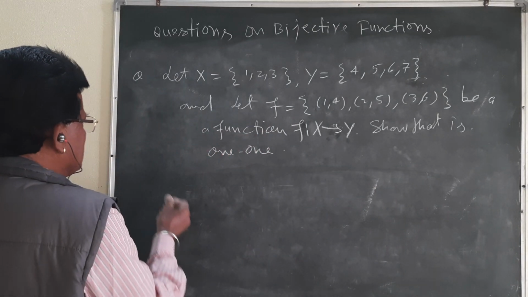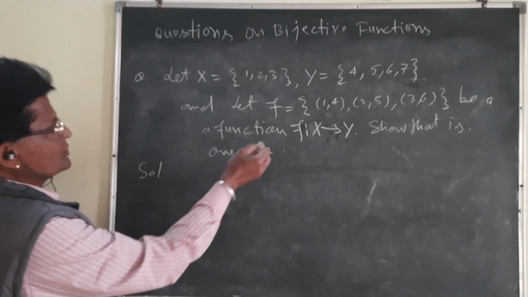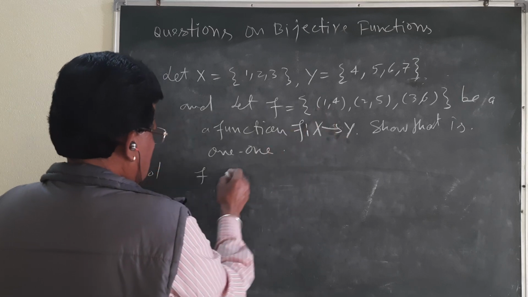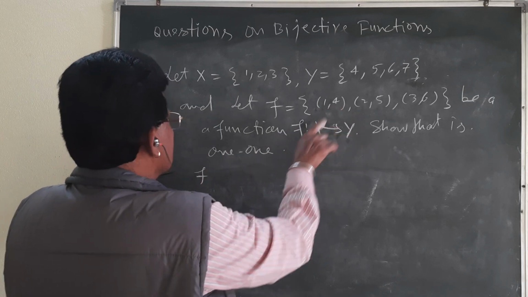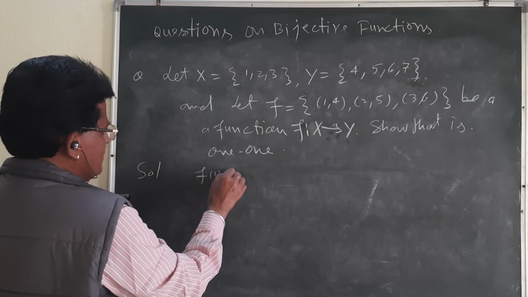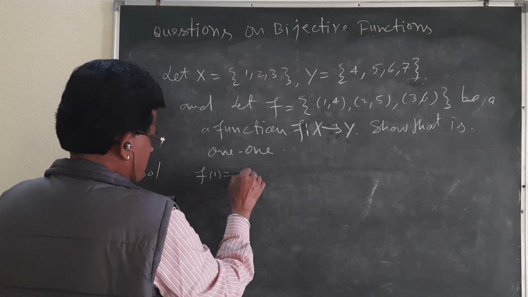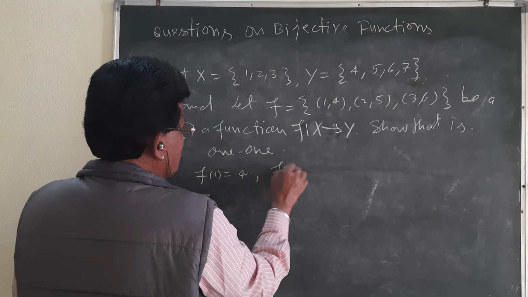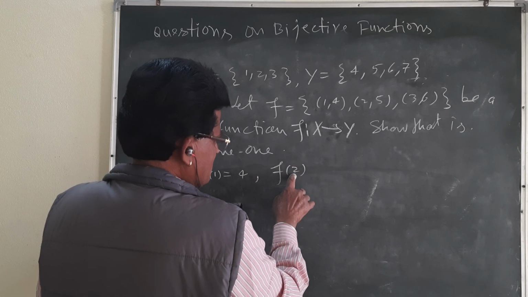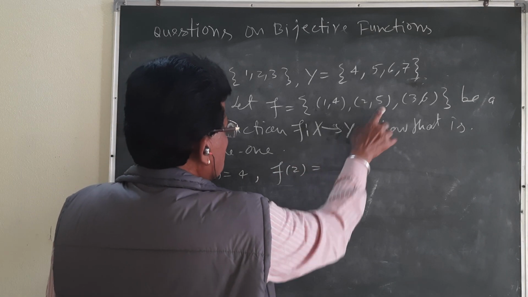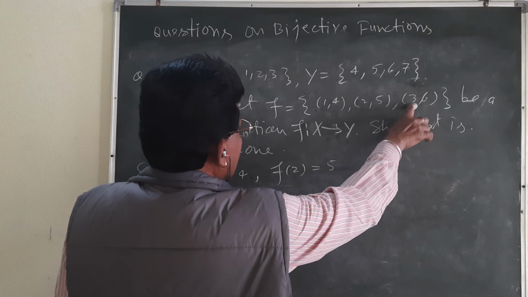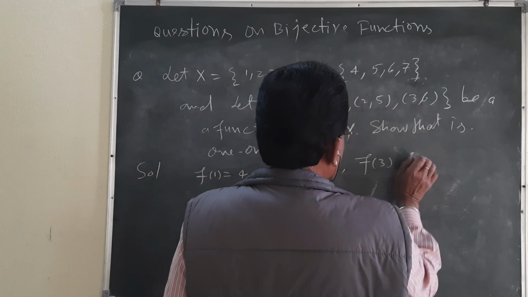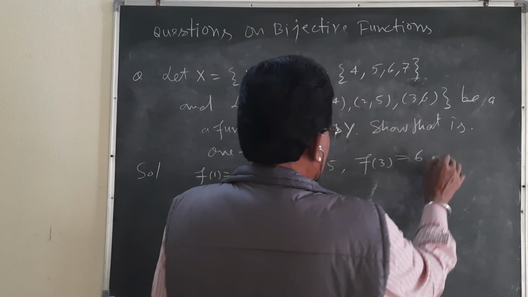See carefully, let me take the solution. Solution: first of all, x is 1. As per the definition, f(x) is equal to y. f(1) is equal to how much? 4. And f(2): x is equal to 2, then y is 5. And if x is equal to 3, that will be 6.